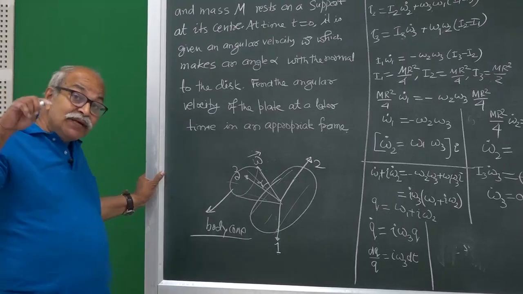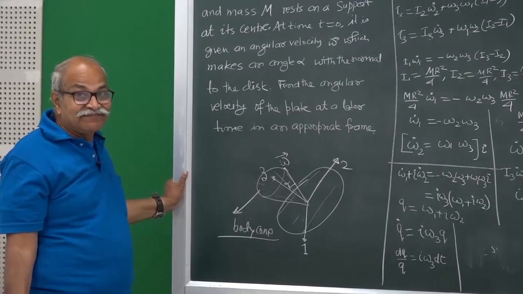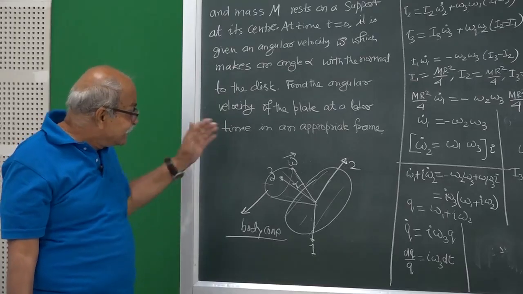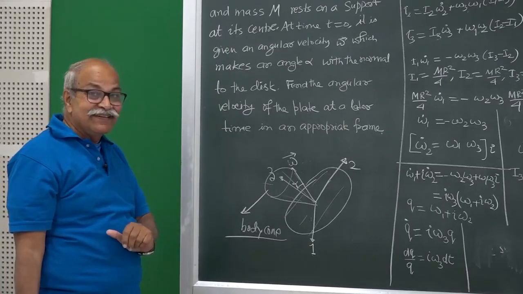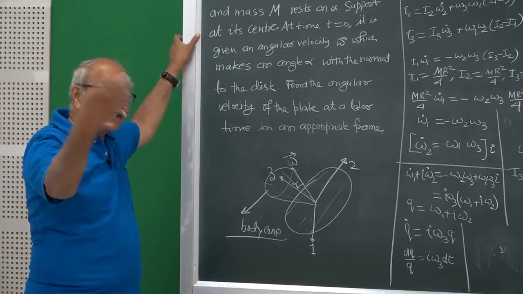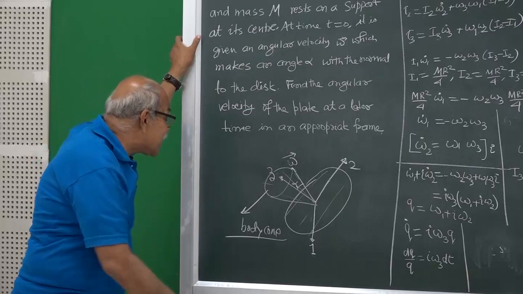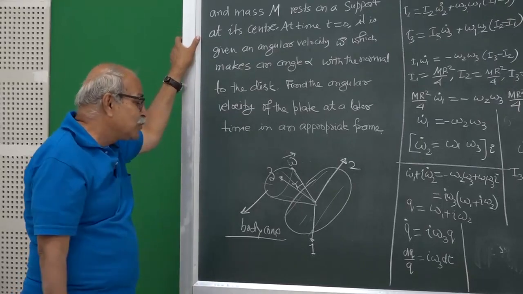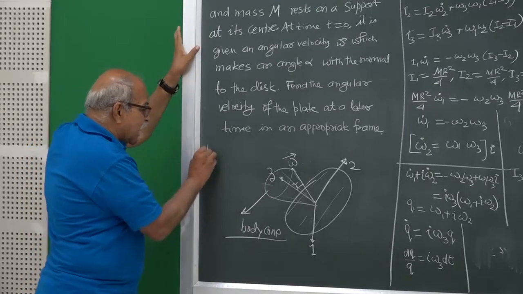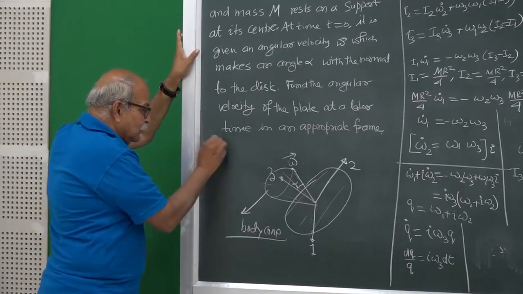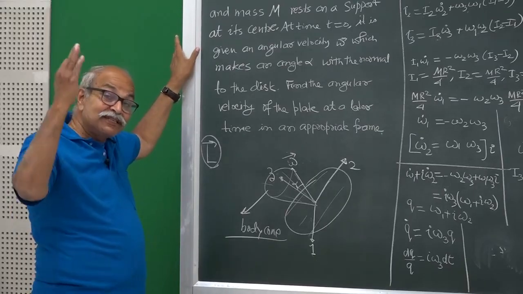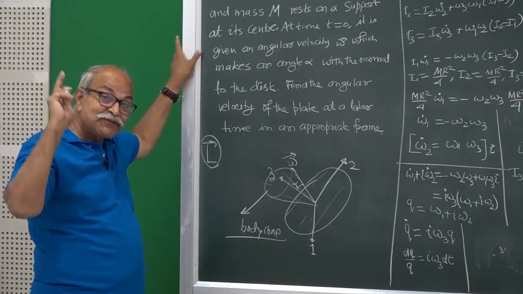But if you go to the lab frame, there you see what happens. Even this 3 axis is not fixed, it is going around in a rotating fashion. And how to get that? I will just give you some hints. You calculate the angular momentum, and that angular momentum is fixed in the inertial frame because there is no torque.